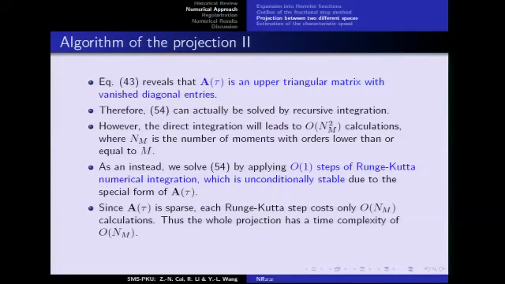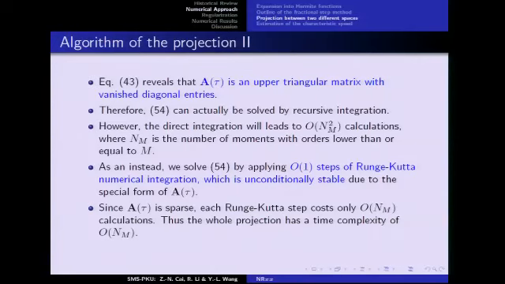And at last we need to solve such a system. Since we are introducing no additional scaling number in the Grad expansion, we can find that in fact this coefficient matrix A tau is an upper triangular matrix, and the diagonals are vanished.